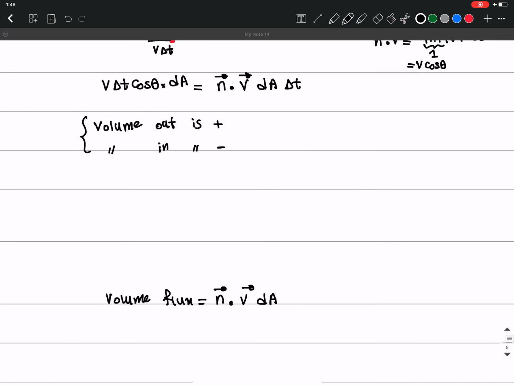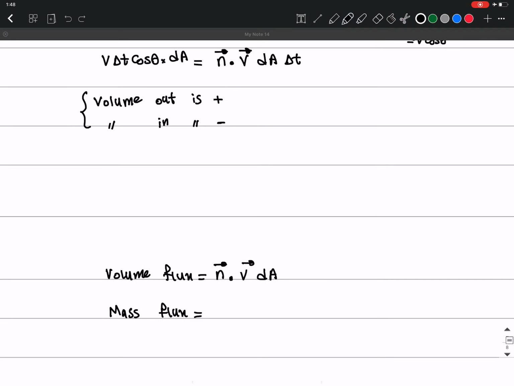Similarly, we can define mass flux. So in order to define mass flux, we just need to multiply the volume by density. So we just do that by this. So it's going to be n, normal vector, dot rho V, which is density, times V times dA. We can similarly define momentum flux.